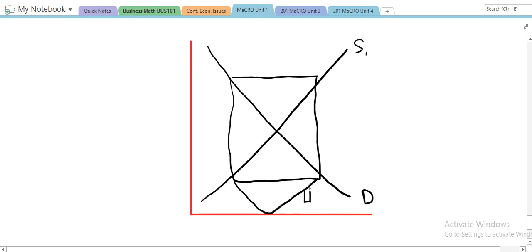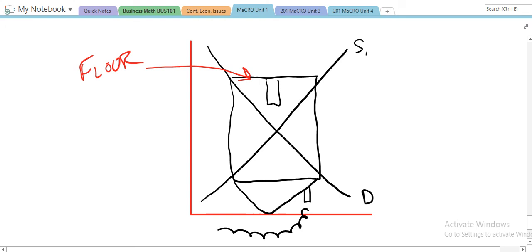We'll put a chimney over here, and a door right here. This right here is your floor. It's a minimum price, and it's above your equilibrium price. And this right here is your ceiling. It is below your equilibrium price, and it is a maximum price. It keeps the price from going up.